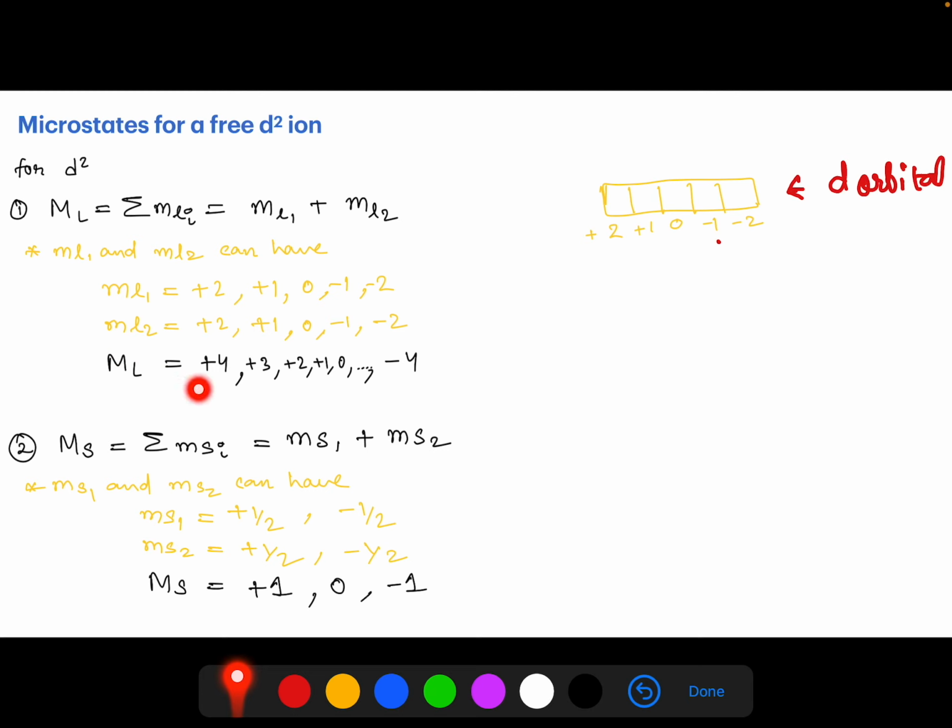So the maximum value of ml is plus 4. So my L is actually 4 here, correct?